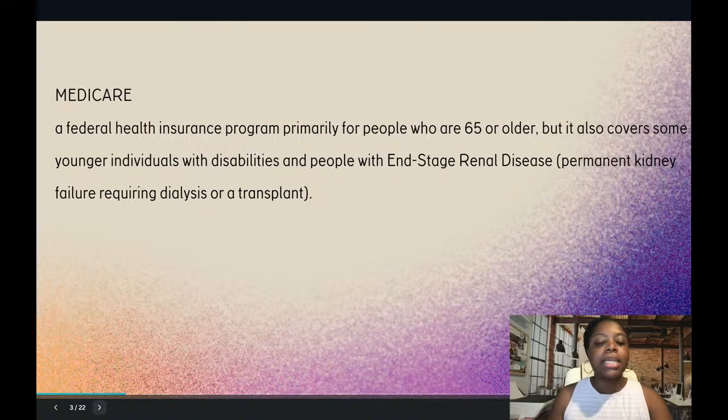Those are special cases where that person could in fact receive and utilize Medicare. So you need to understand who qualifies for Medicare: 65 years or older, or they have some type of disability, or have end stage renal disease of some sort. They qualify for Medicare.